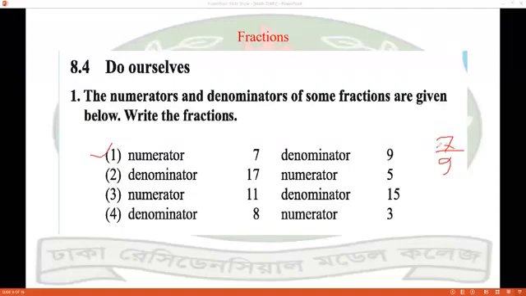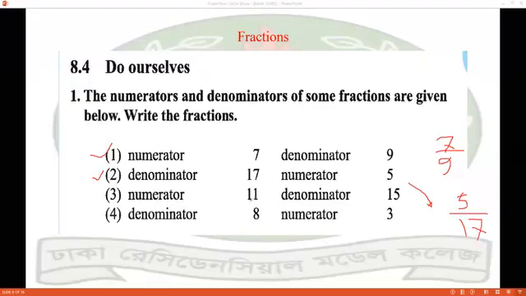Easy and simple. Number two, the denominator is 17 and the numerator is 5. The numerator will go in the upper part, so it will be 5 over 17. So this is the fraction. In this way, you can solve number 3 and number 4.